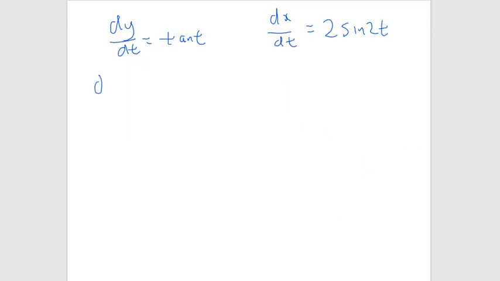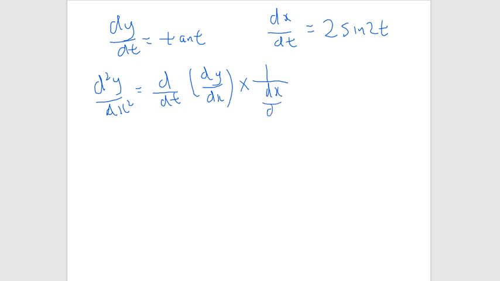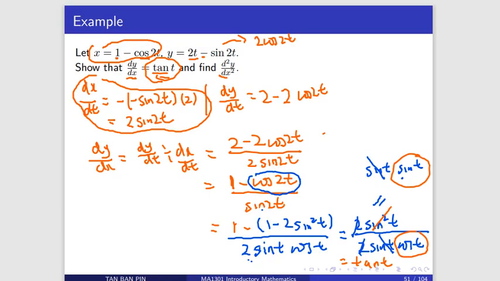Then you want to find d²y/dx², which you can change to d/dt of dy/dx, multiplied by 1 over dx/dt, the formula I mentioned earlier.